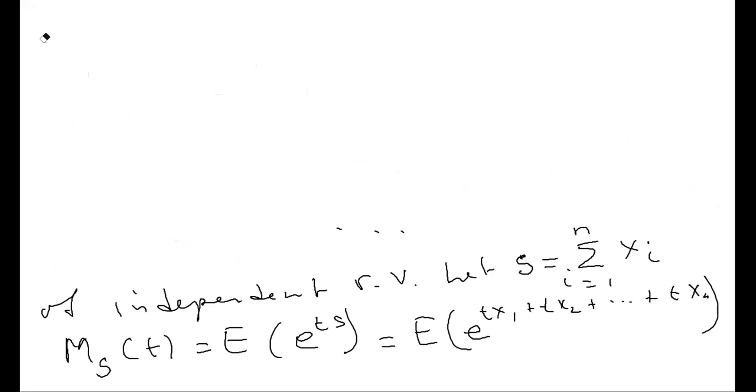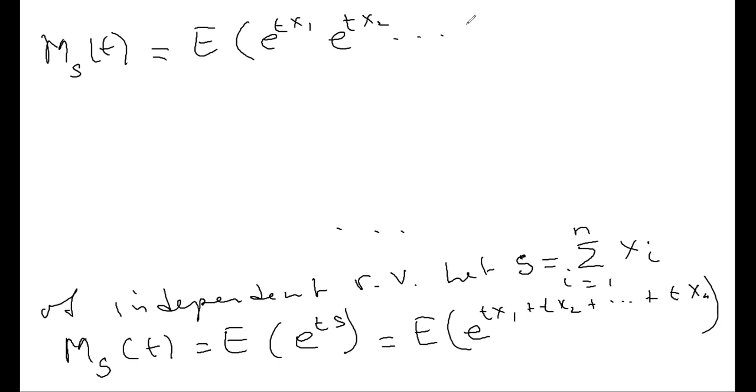So that means M_S of t is equal to E of, because of the multiplicative property of the exponential, e^(tX1) e^(tX2) ... e^(tXn).